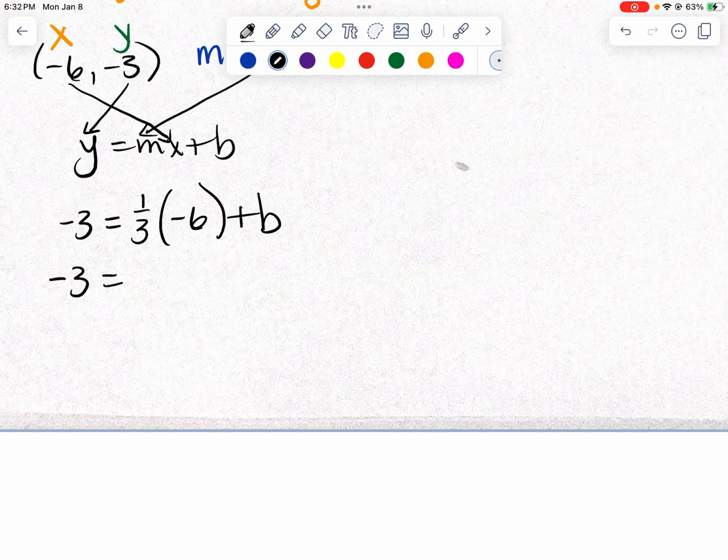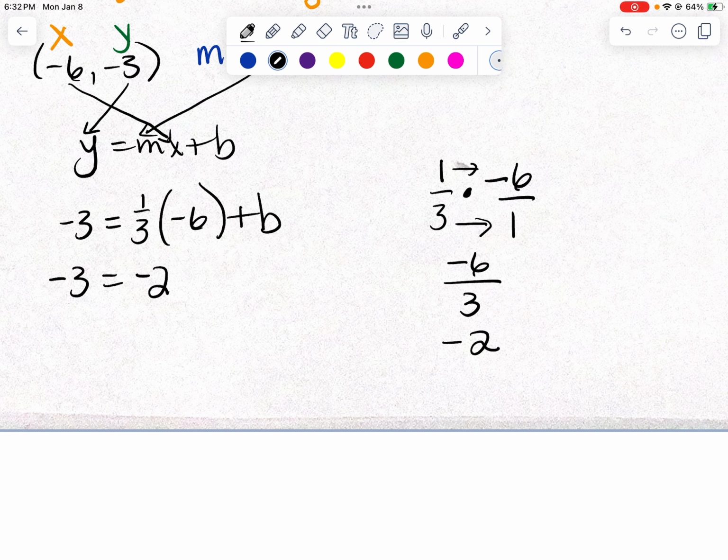-3 equals, and some of you are like, oh, I don't like fractions. 1/3 times -6, which is -6 over 1. You multiply straight across. So that would get me -6 on top. Multiply straight across, that would get me 3 on bottom. That would get me -2. So -2, then plus b.